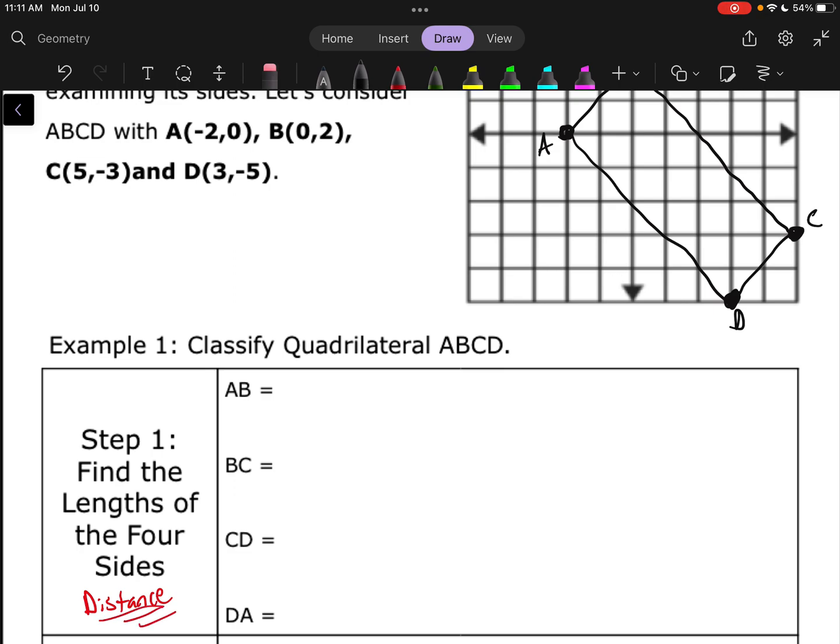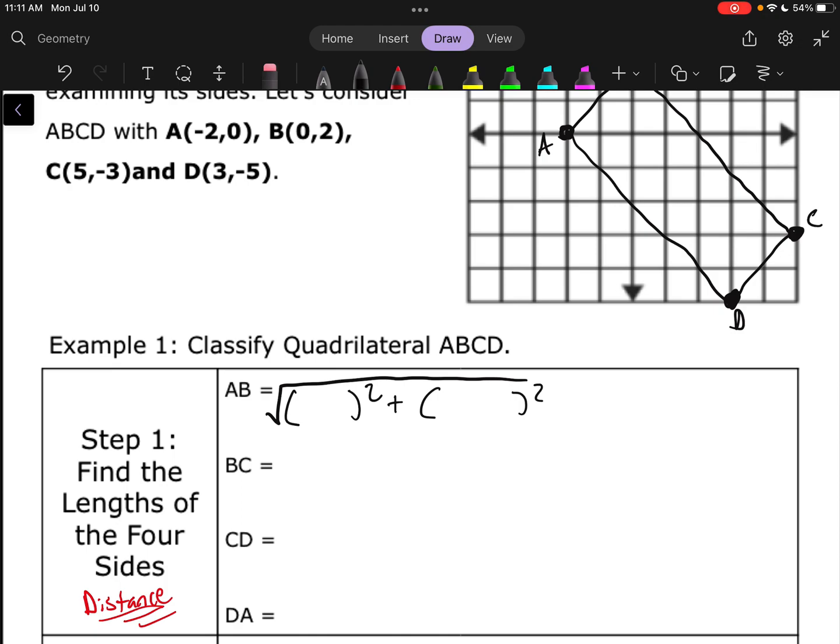So we've got four different sides to find the lengths of. Let's start it off with AB. Let's get our distance formula cooking here. So for the distance formula, remember that's going to be the square root of x2 minus x1 squared plus y2 minus y1 squared equals the distance.